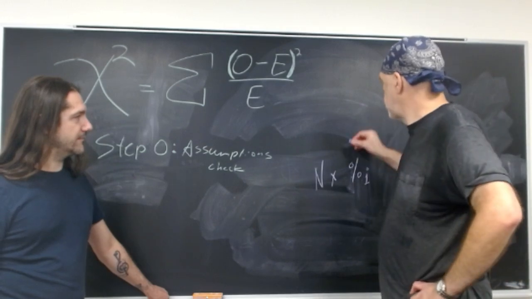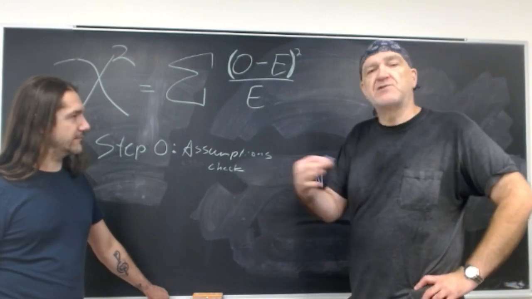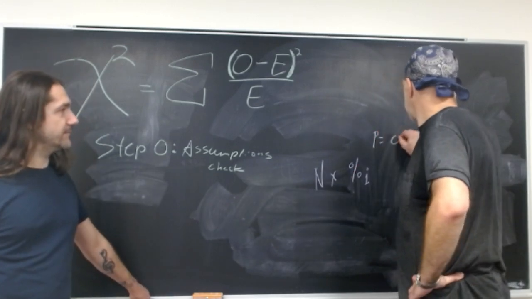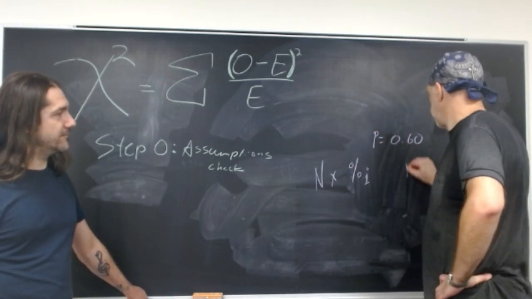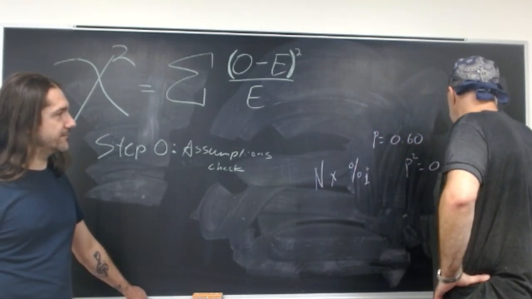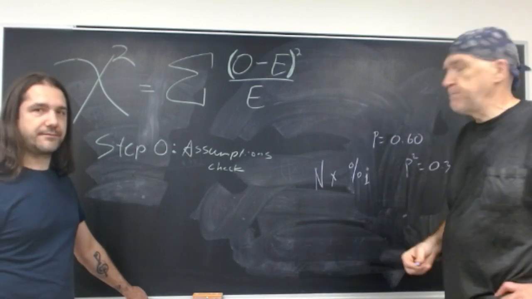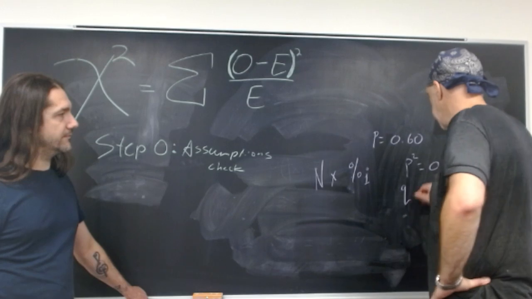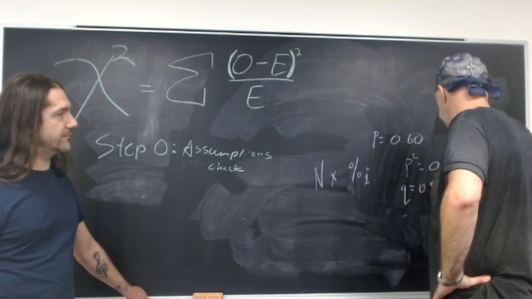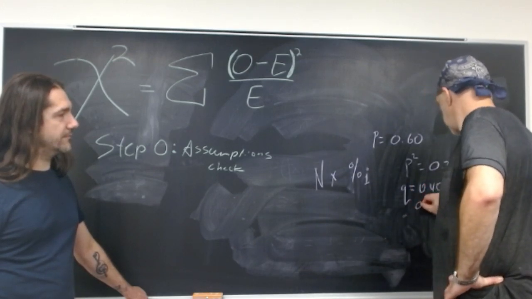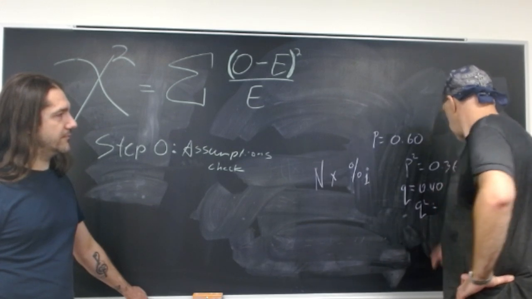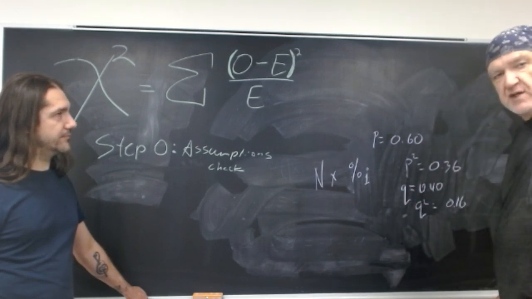I'm going to use the Hardy-Weinberg principle as an example. So if p is 0.6, then p squared is 0.36, okay? And since p plus q have to equal 1, q must be 0.4, and q squared would be 0.16. Well, this only gets us to 52%.